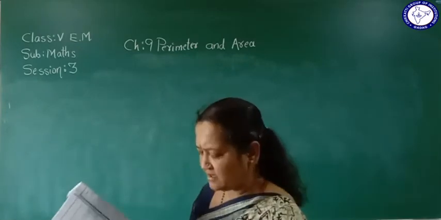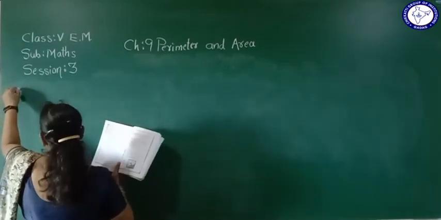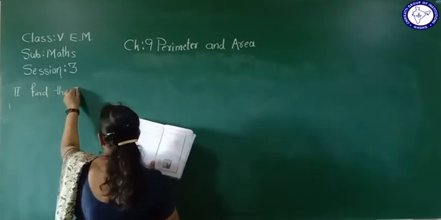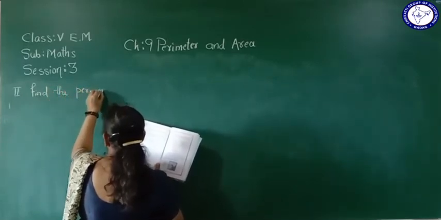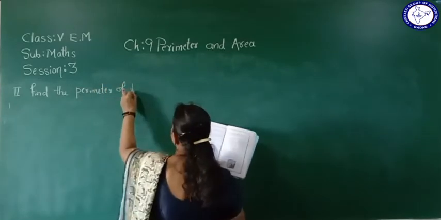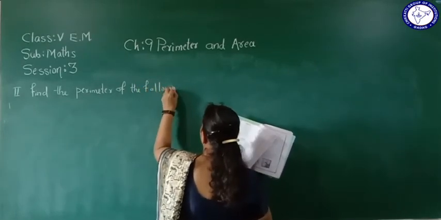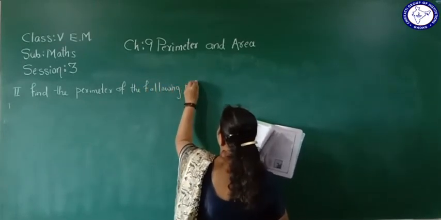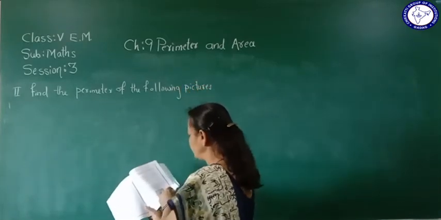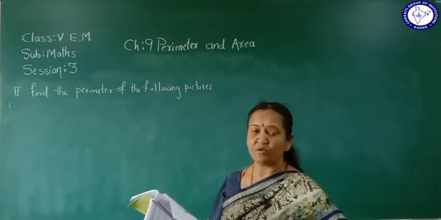Second main question, find the perimeter of the following pictures. Here 5 different pictures are given. We'll do only 3 and the remaining 2 you have to do.